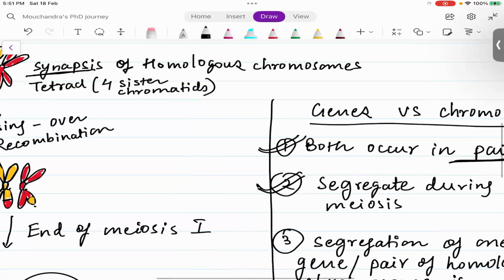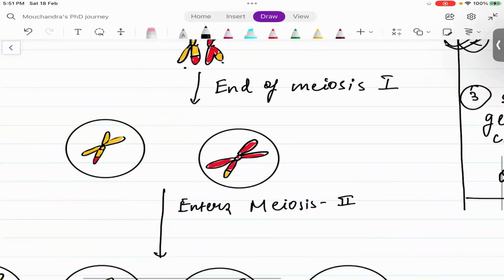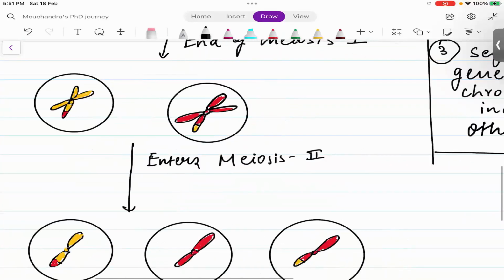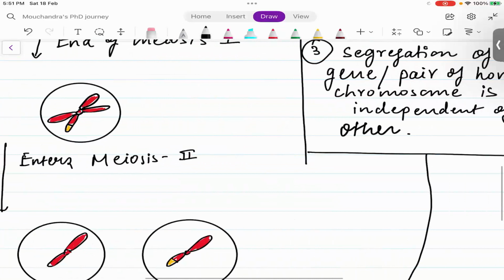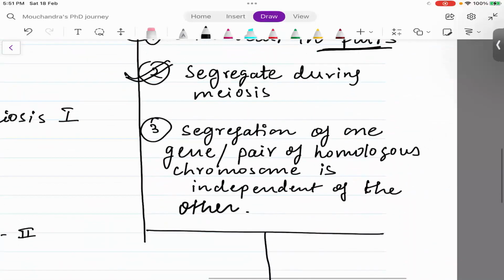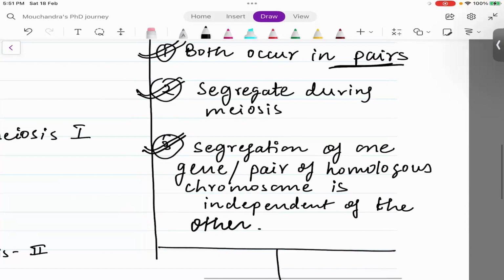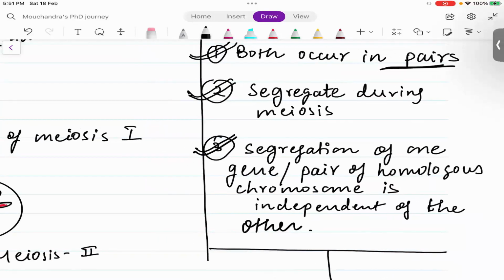You can see that the homologous chromosomes have segregated, and then they have later segregated to form haploid cells. So segregation also happens for chromosomes. So this property is also similar. Another thing is that segregation of one gene, or a pair of homologous chromosomes, is independent of other pairs. How one gene segregates among the gametes is independent of the other gene, which we saw for a dihybrid cross.